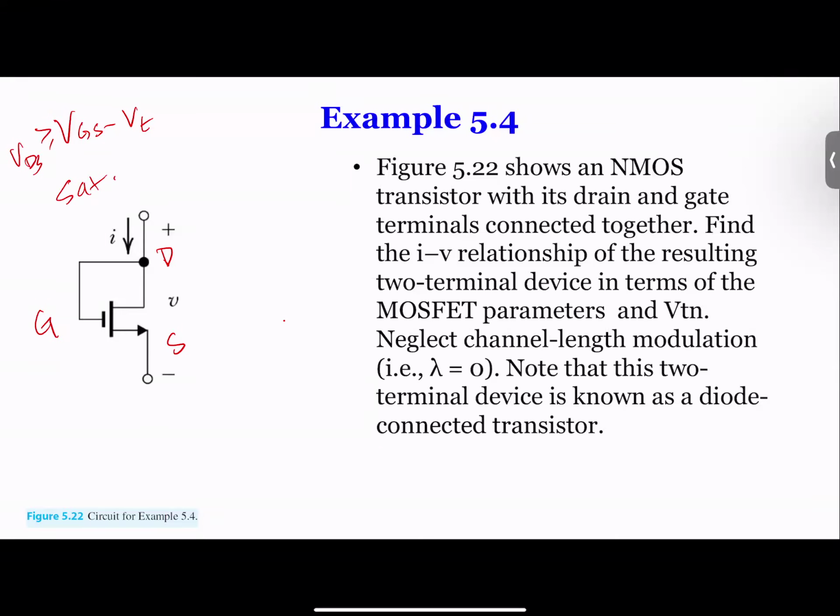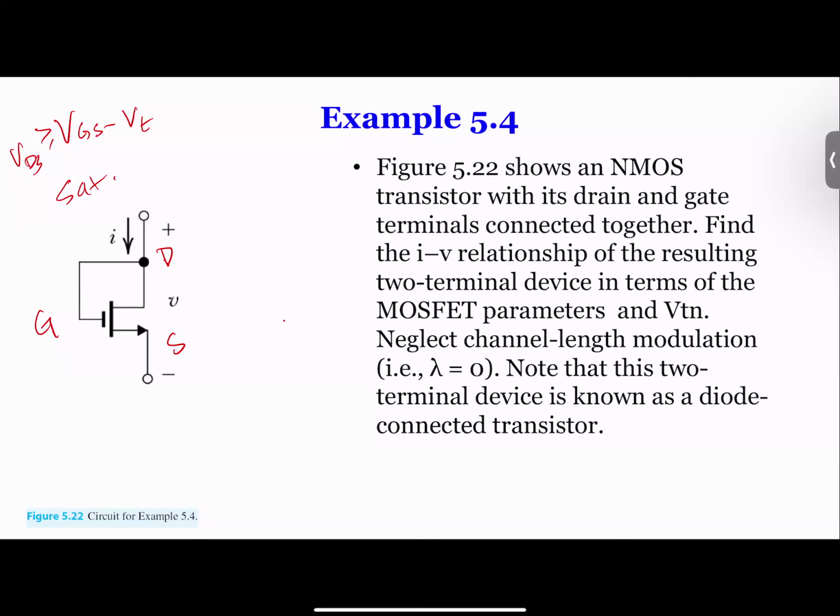So this is the drain and the gate, and then this is 0. The drain and the gate are connected.